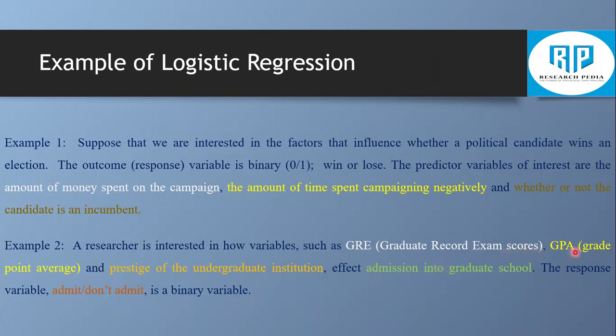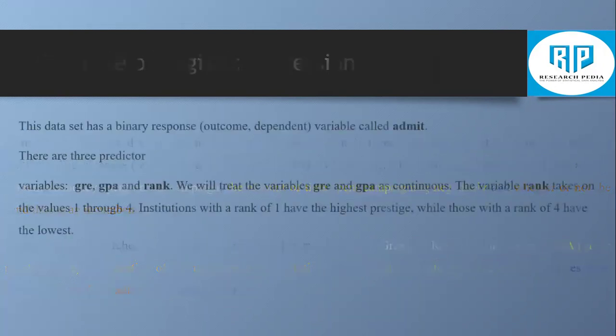So these are the independent variables on the basis of which we want to know whether a student would be able to get admission in a particular institution or not. So we are going to focus on example number two for our practical analysis here.